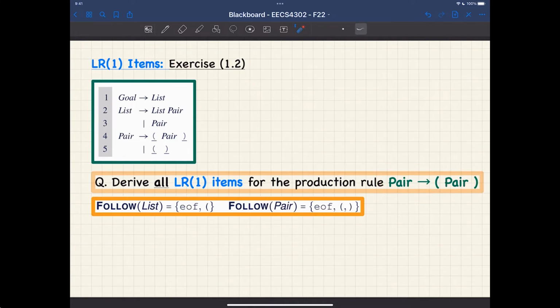That's a production rule. So now, can we derive all the LR1 items? And this is given to you. Of course, in the exam, this might be something you have to calculate. But for now, let's say you're given this. Number one, before we derive, how many LR1 items do we have to enumerate?